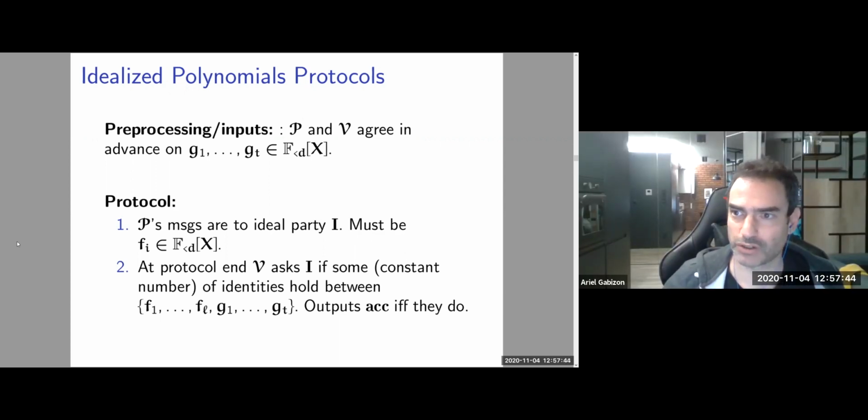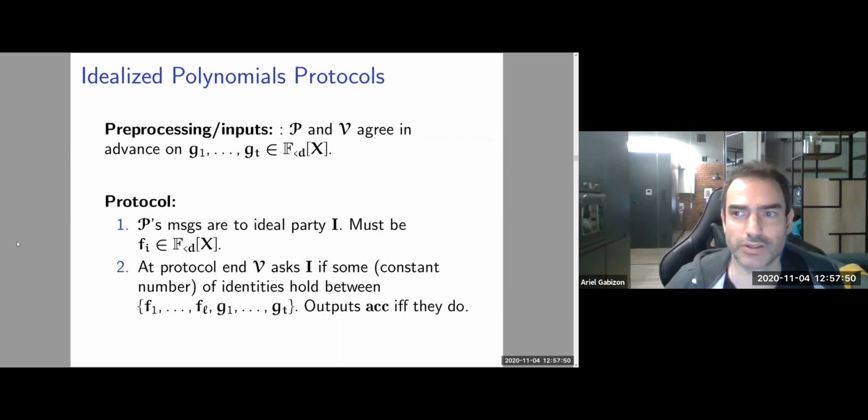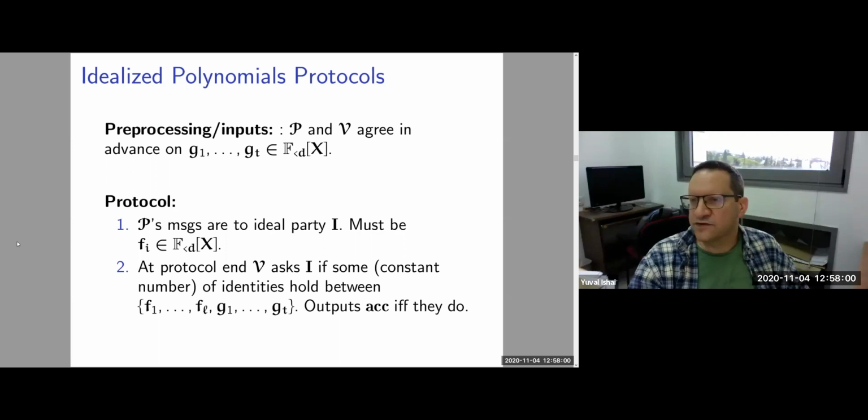They'll have some structure. For example, these polynomials will sometimes encode the structure of a circuit you're proving things on. So this is part of the specification of the protocol. Once you pick these polynomials, they're wired into the protocol. Okay, that's what you mean. Yeah.